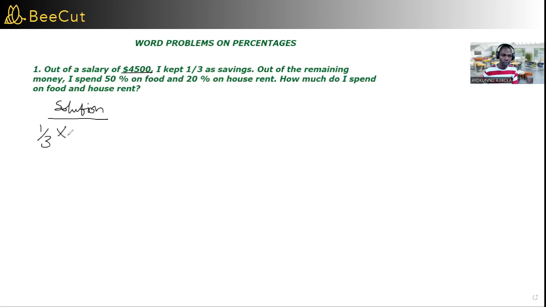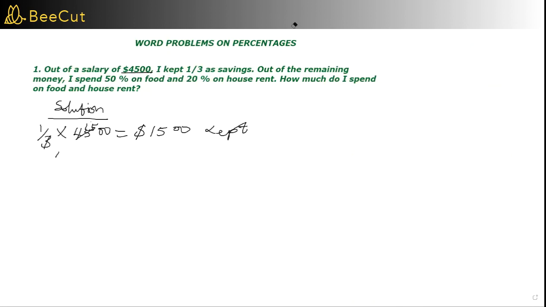Of 4,500. That is 4,500 divided by 3, which is 1,500, times 1. That will give me $1,500 kept as savings.